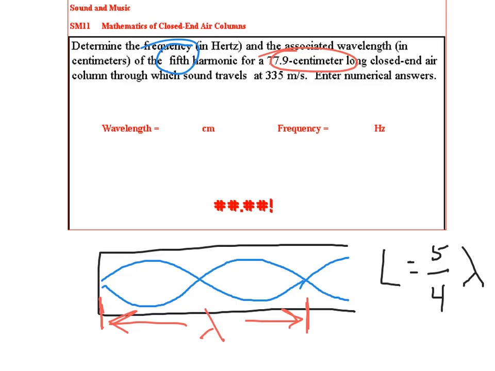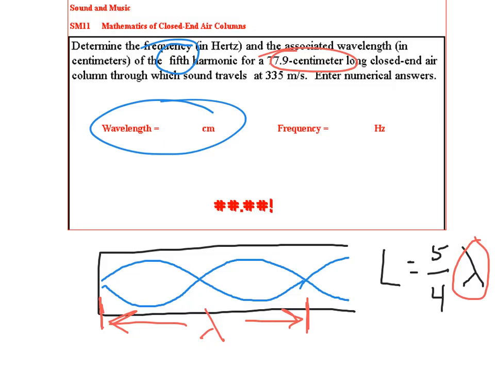And so what you need to do in this case is find the lambda number given the length. And that's just a little algebra. Now notice here that the length of the tube is given in centimeters, and they also ask you for the wavelength in centimeters. So that's kind of helpful.